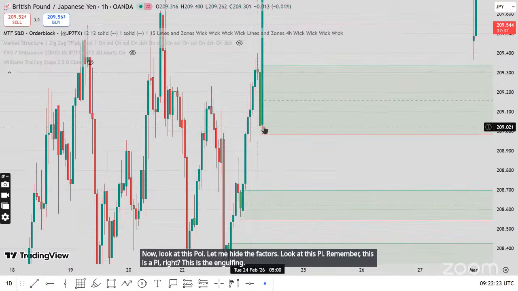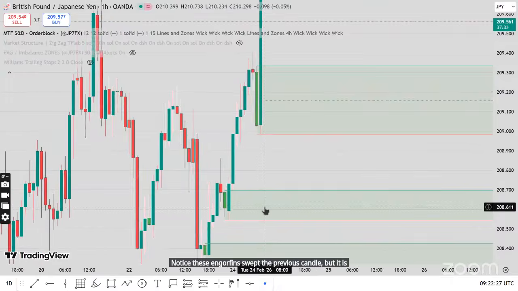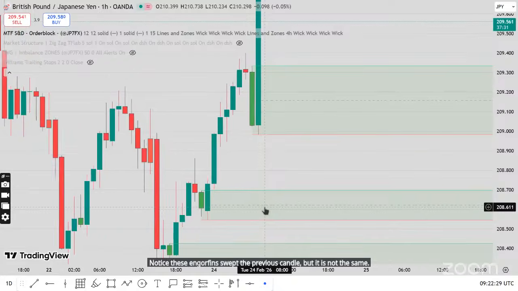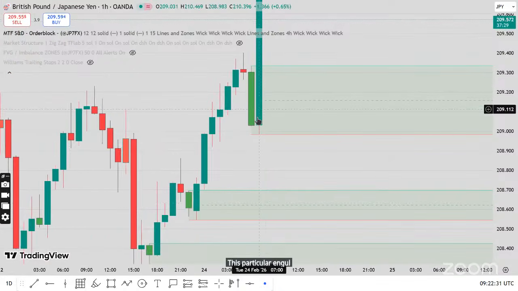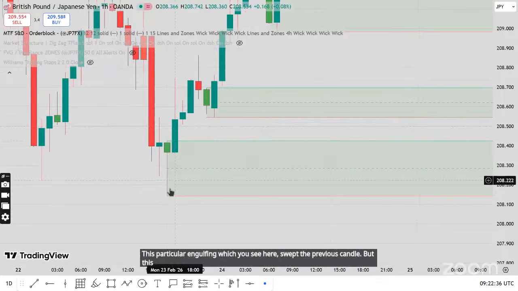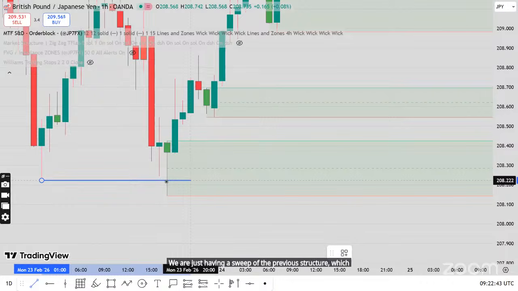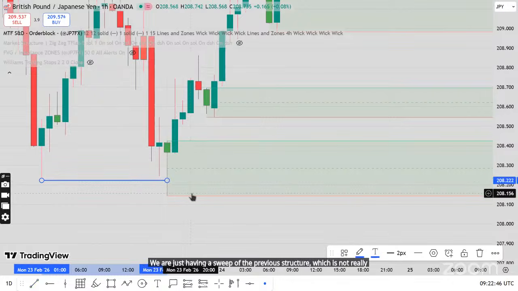Notice this engulfing swept the previous candle, but it is not the same. Look at this particular engulfing, which you see here, swept the previous candle, but this particular engulfing did not sweep. However, we are just having a sweep of the previous structure, which is not really what we want.